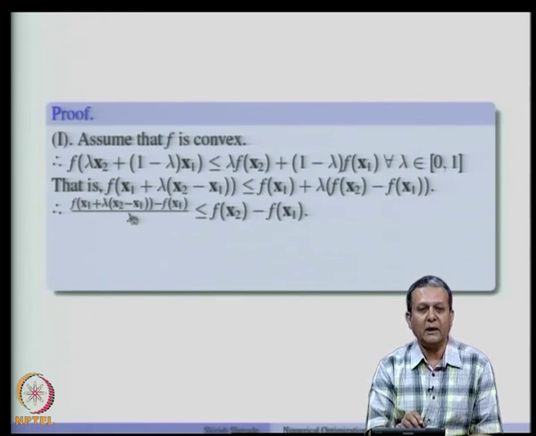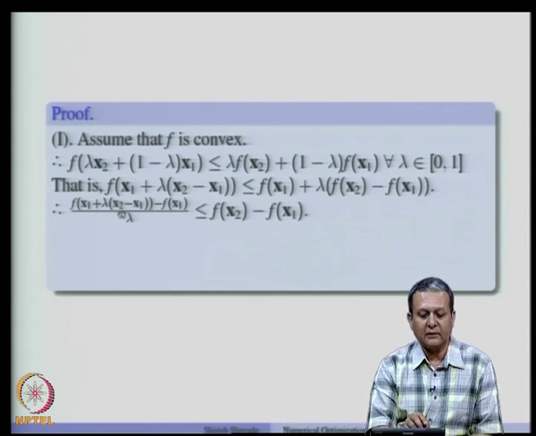Now, if we take the limit as lambda tends to 0, then this denotes the directional derivative of f at x1 along the direction x2 minus x1, letting lambda tend to 0 where lambda is a positive number.